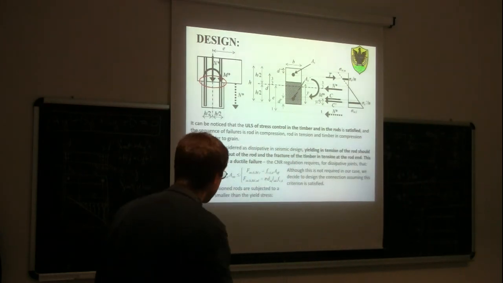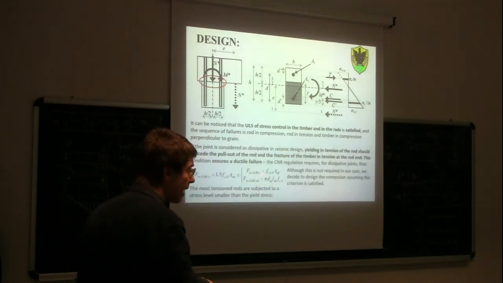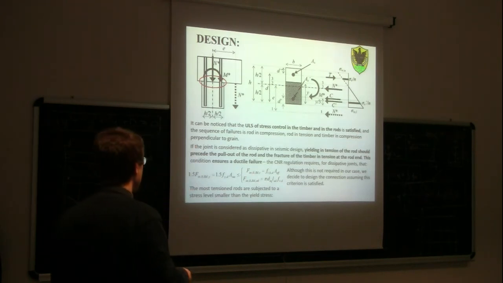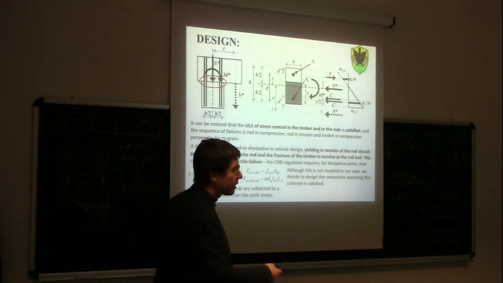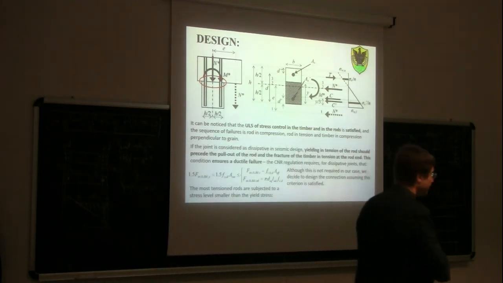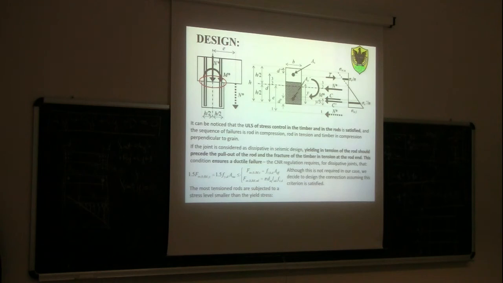In our case, we're going to design the length, for example, of the rods and the connection in such a way that the failure of the timber and the failure of the glue cannot occur before either plasticization, so yielding of the rod, or buckling of the rod, by using this overstrength coefficient 1.5.